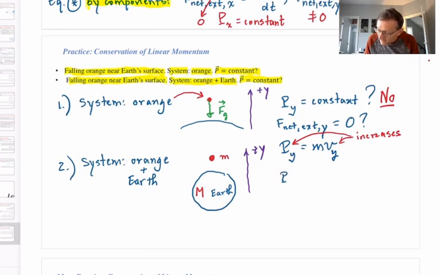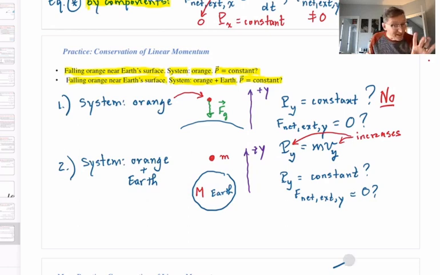So now I'm asking, is P sub y equal to a constant for this new system? Your first thought should be, well, is F net external y component equal to 0 or not?